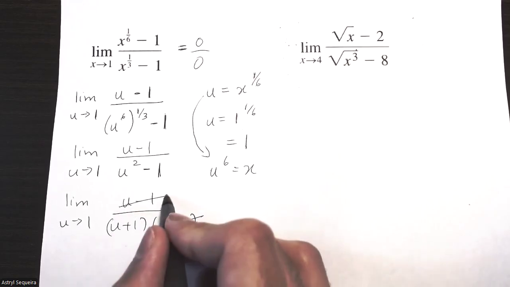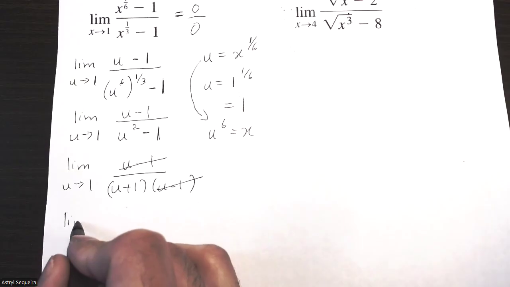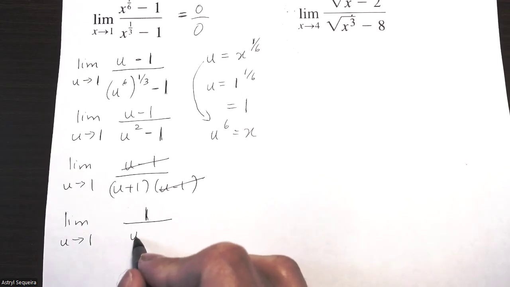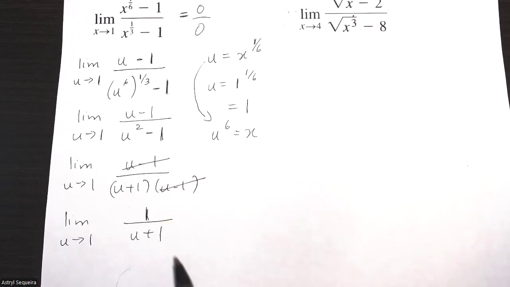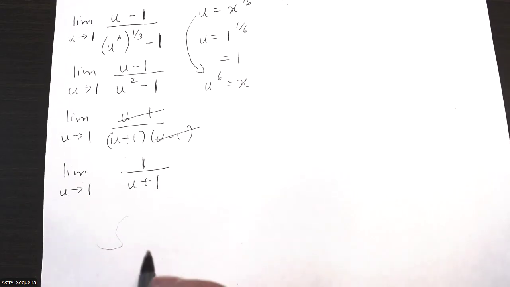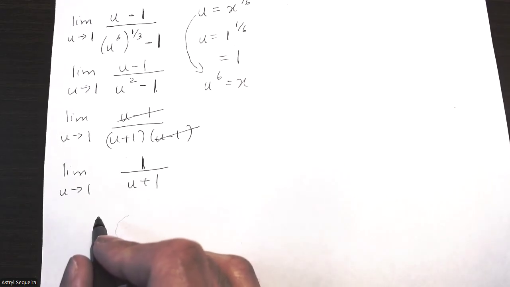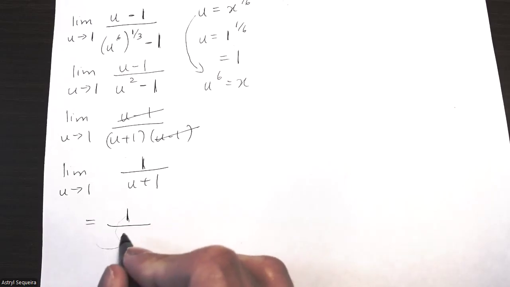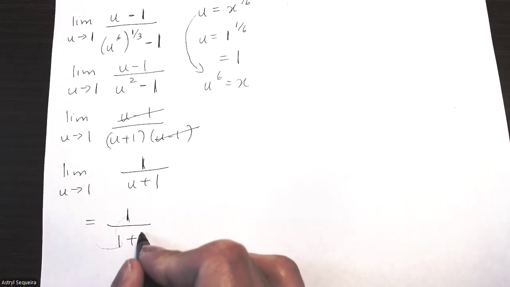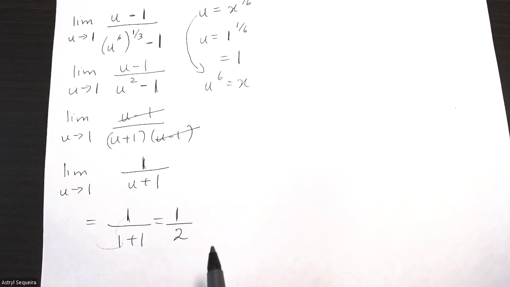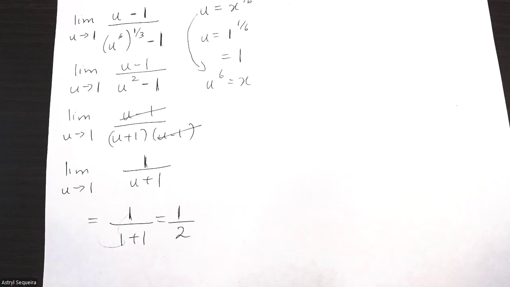You can cancel these out next. And then I'm just left with 1 over u plus 1. Once you do the cancellation, that's when you know that you can substitute in the limit. So if I sub in the limit of 1 into this equation, I'll get 1 over 1 plus 1, which is just 1 over 2. And that's the solution to this first question.